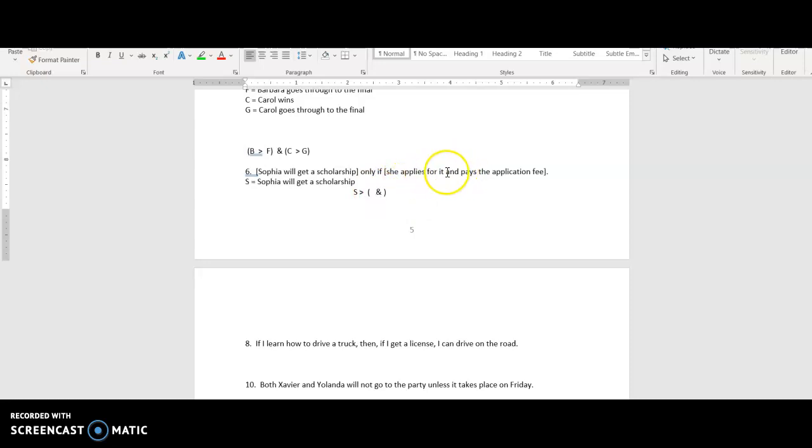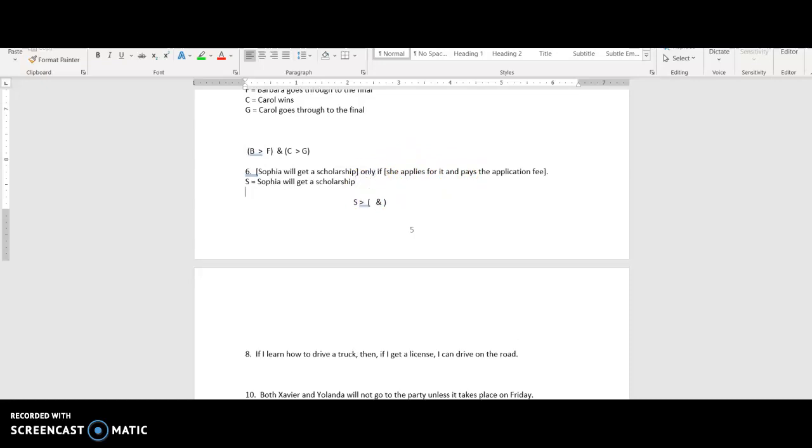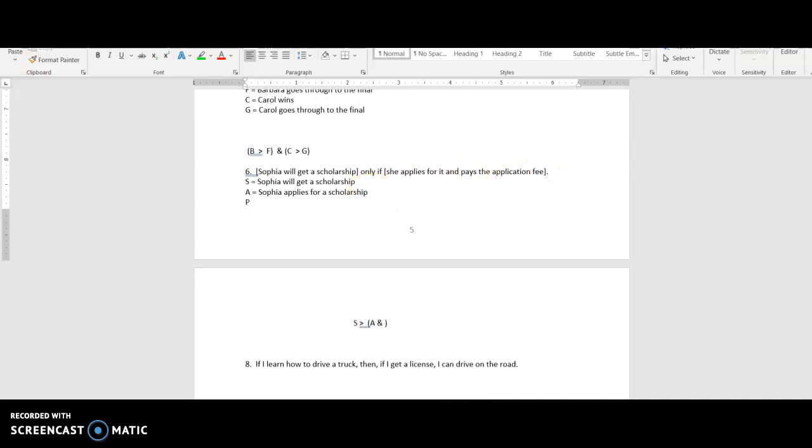The first conjunct there is she applies for it, so let's call it A, Sophia applies for a scholarship. So that'll go here. And the second conjunct, pays the application fee. Call that P, Sophia pays the application fee. And so that'll be here.